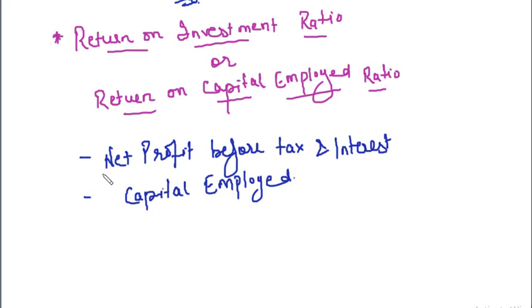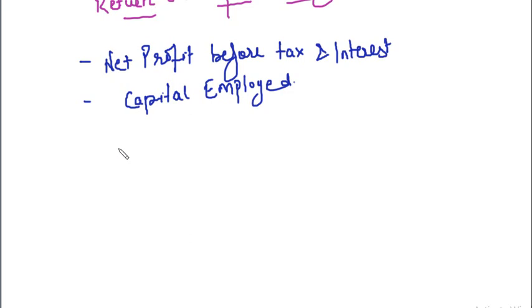Clear? Now what is capital employed? We'll discuss capital employed first. Net profit before tax and interest, you all know, right? In the previous lectures also, we discussed the net profit after tax and interest, isn't it?